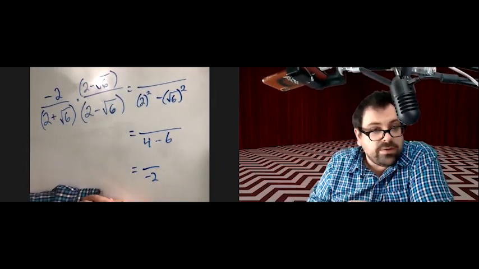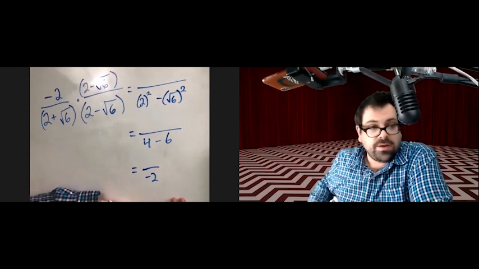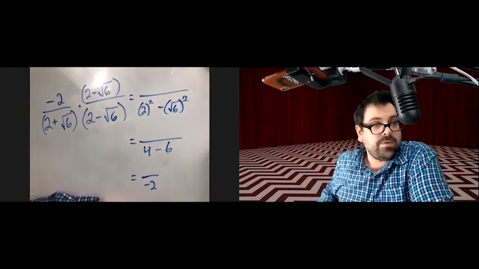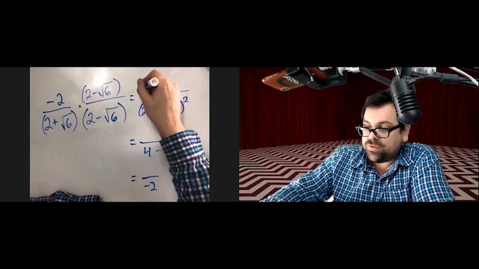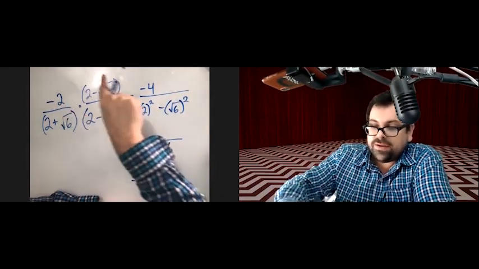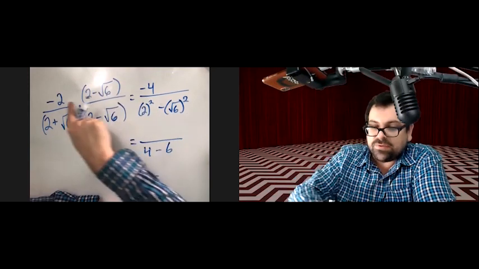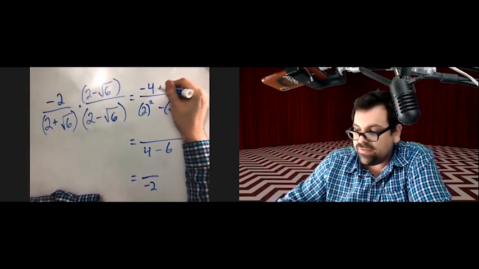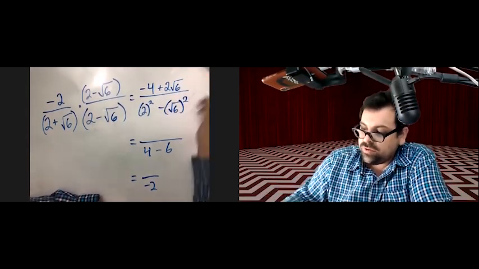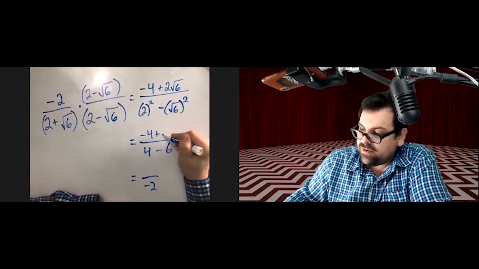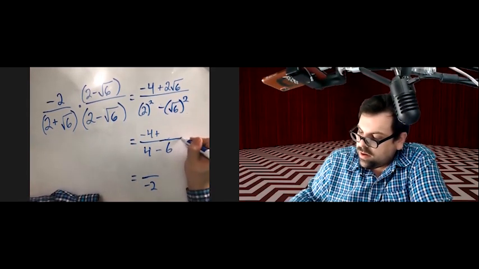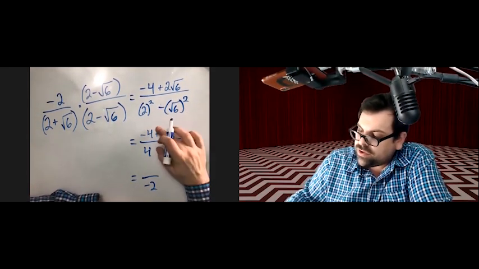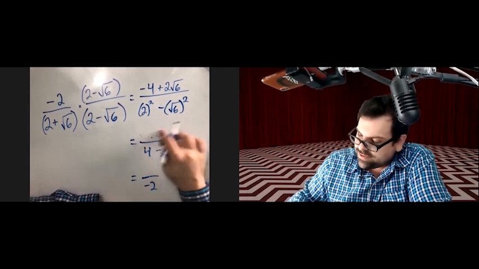We're distributing on the top. Negative 2 times 2 is negative 4. Negative 2 times negative radical 6. Negative times negative is positive 2 radical 6. So negative 4 plus 2 positive radical 6.